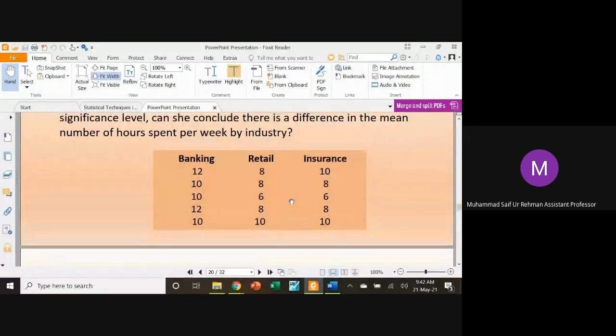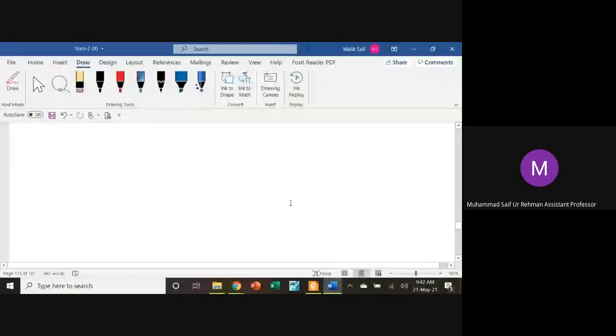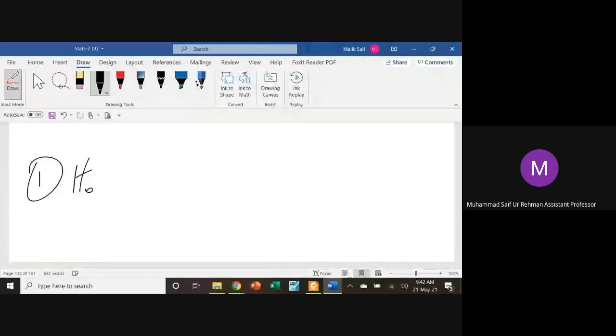Definitely null and alternate hypothesis, where you will write down mu1, or you can write down banking, retail, and insurance. So step 1, null and alternate hypothesis. So H naught, H1. Here you can write down for banking, B is equal to retail, and for insurance, you can write down I, or you can write down mu1 is equal to mu2 is equal to mu3.